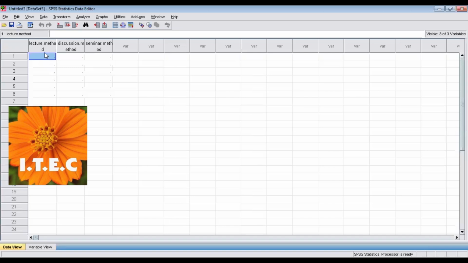And now I have to put the scores. Suppose the maximum score is 30. So some students' scores might be 8, 10, 7, 11, 9, 10, 7.5, 8.5, 9, 10, 11, 8, 7, 9. Suppose I have 14 people.